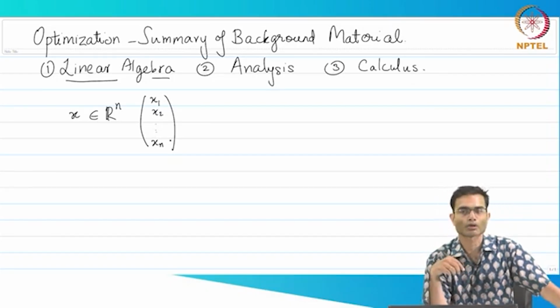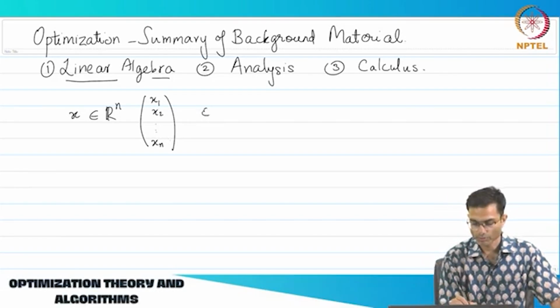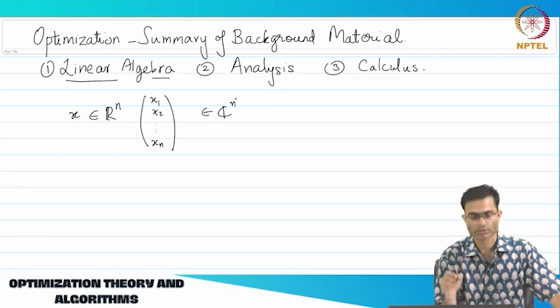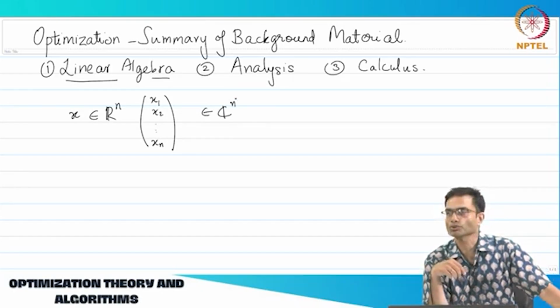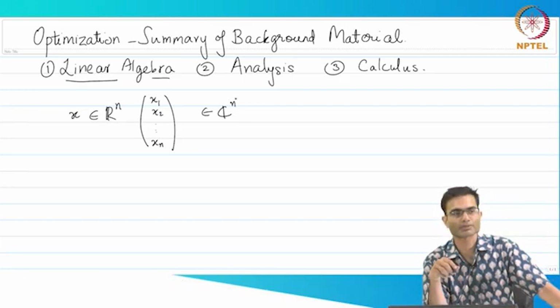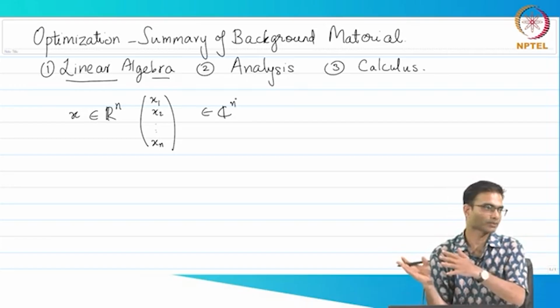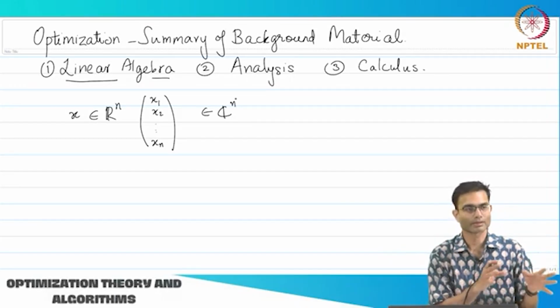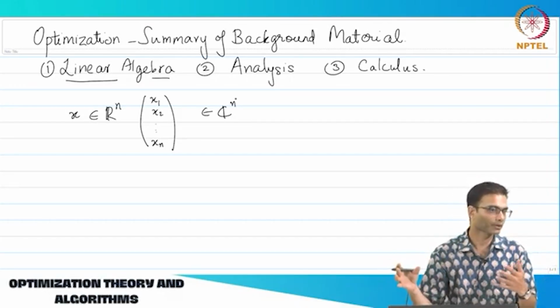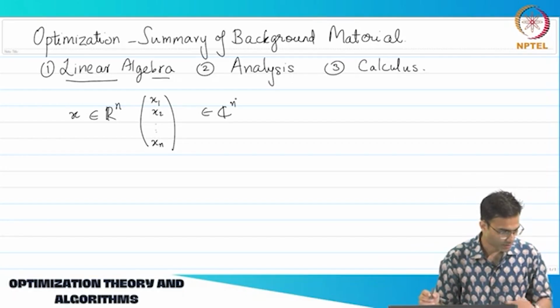If I wanted to talk of complex numbers, I would simply do Cn. Okay. Now, most of this course we will stay with real numbers. There is a perfect analog for complex numbers as well. Once we master real numbers, complex numbers will not be very difficult. Okay. So that's our very basic notation.